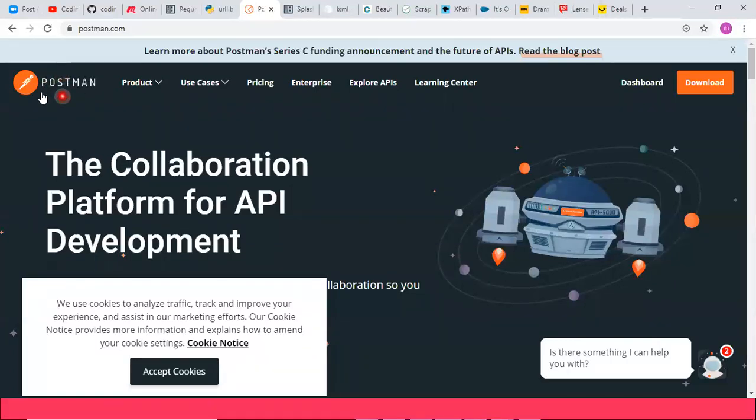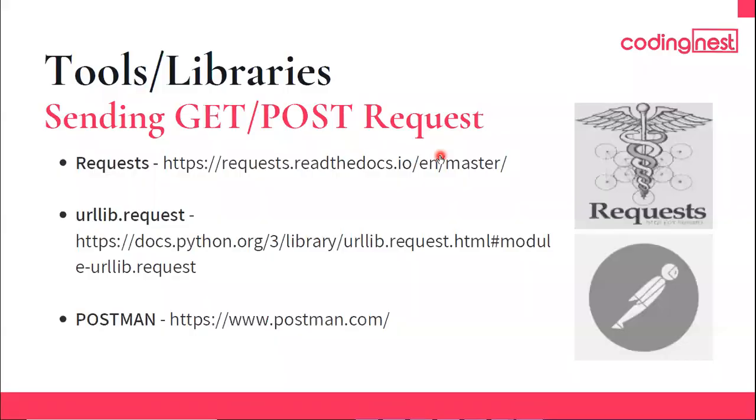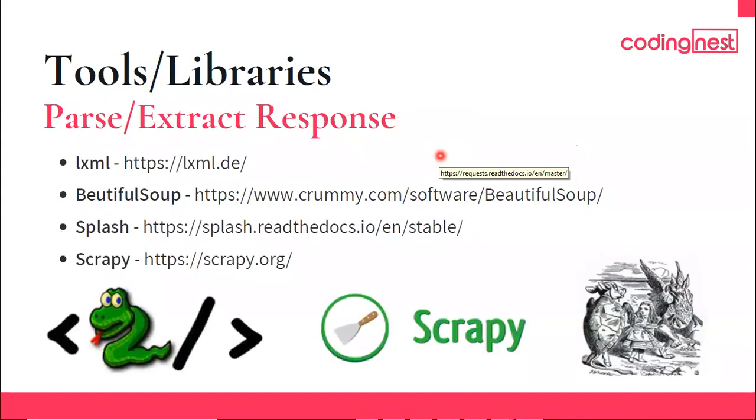Here we'll be using this tool to send out requests to your other servers. So this is for sending requests from your client to your server. We'll be using requests, and either we can use urllib.request or Postman.